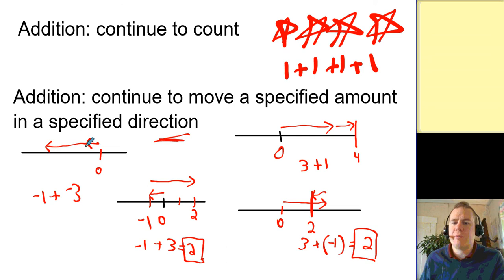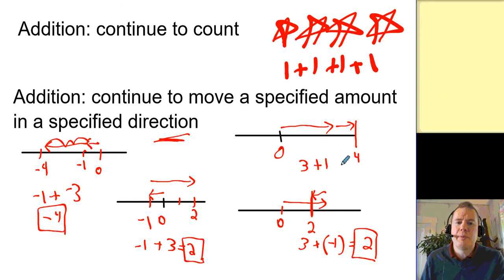So altogether from -1, -2, -3, -4. I'm going to end up at -4. As opposed to +4, if that 1, 2, 3 plus 1 more, 4, all moving to the right. Okay. Adding and subtracting is all about movement.